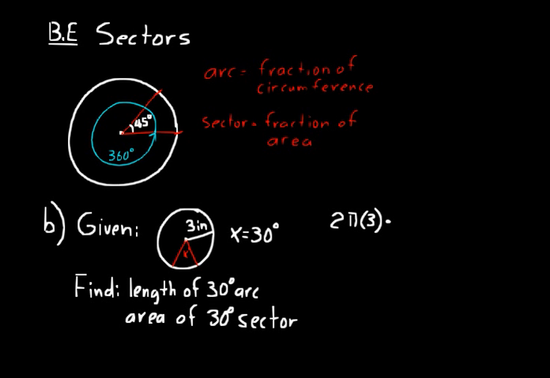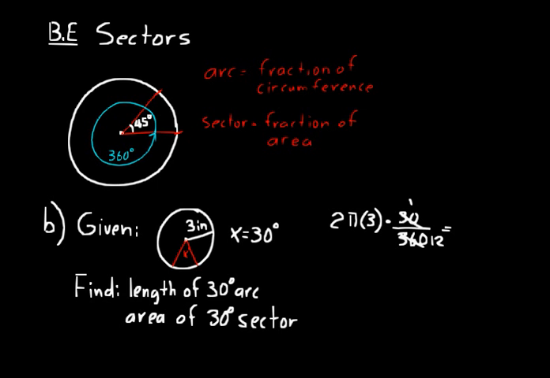And then multiply that by 30 over 360. Now 30 over 360 simplifies to 1 over 12. And then we have 2 times pi times 3.